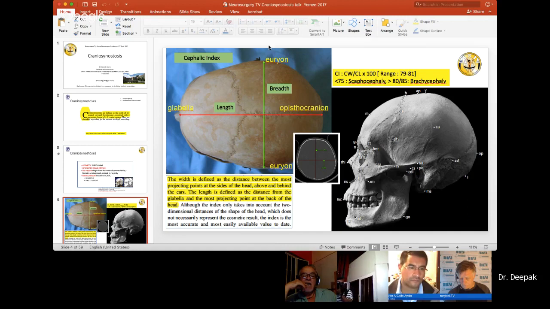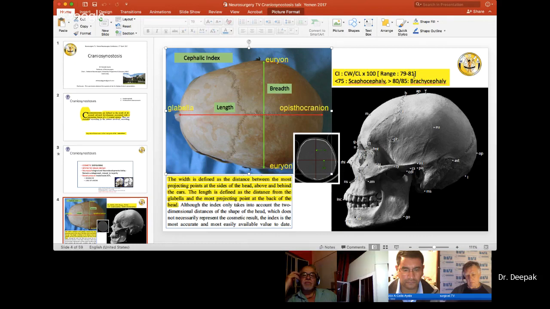To put it simply, in a clinical examination you measure the distance above the tip of the pinna at the widest point. This is the biparietal diameter, and this is the anterior-posterior diameter from the glabella to the most prominent part of the inion at the back of the head. So you take these parameters, divide, and multiply by 100.